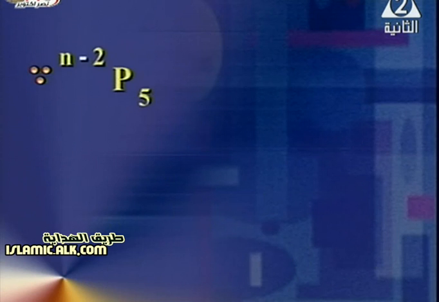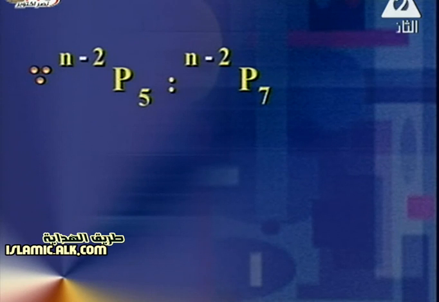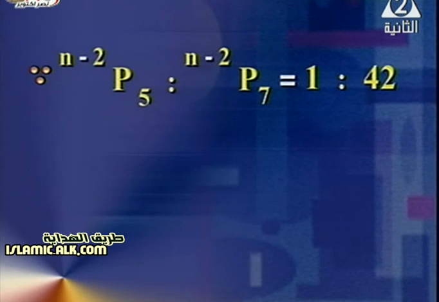By substitution, n minus 2 P5 ratio n minus 2 P7 is 1 ratio 42.